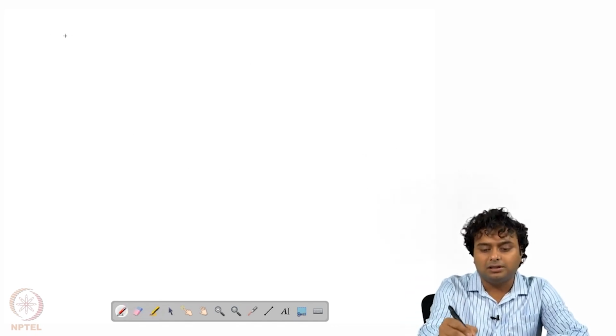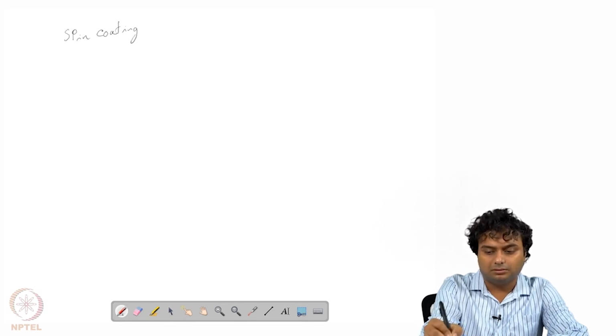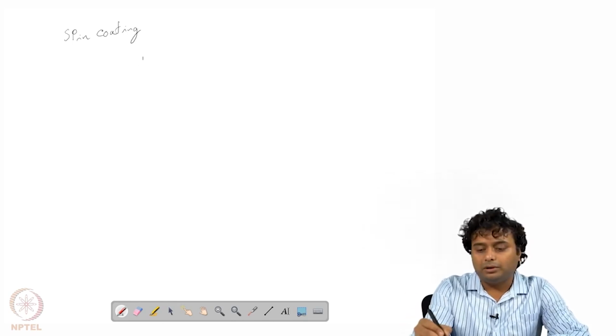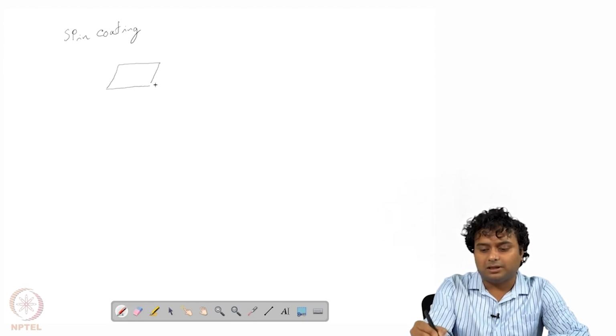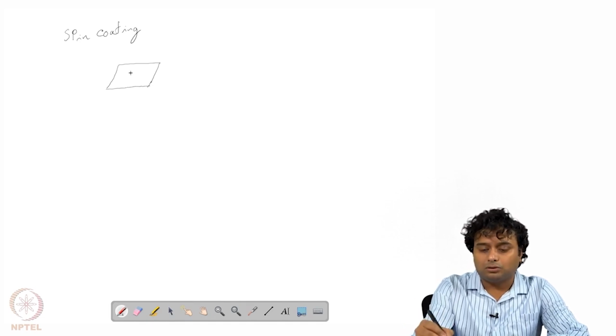Another kind of coating is called spin coating. In spin coating, we take a silicon piece or glass piece, whatever our substrate is, and put the material which we want to coat, like a drop. This will be a liquid solution of the material.